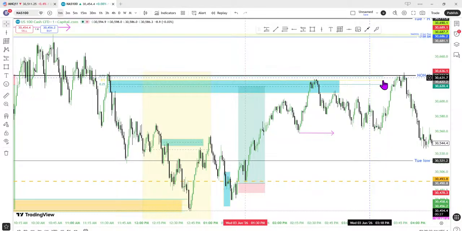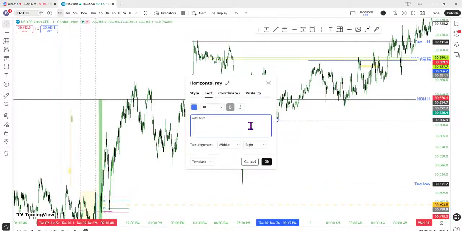Let me just write it up. Tuesday's low, not high, low. Then because Monday is there, I want to demarcate the line of Tuesday's zone. Then Monday is straight, and when I say Tuesday is there, Tuesday is supposed to be there too.